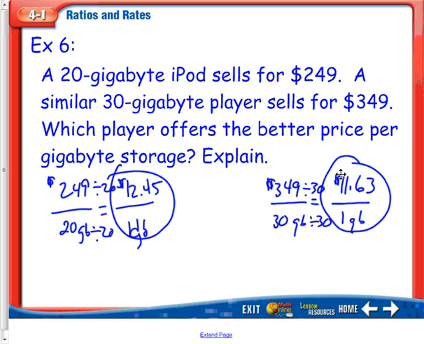So if you have the money and you plan on using all that storage space, you're actually getting a better deal per gigabyte if you buy the 30 gigabyte iPod or MP3 player. So it's just a personal preference whether you want to spend that extra $100, and if you really think you're going to need it. But again, that's not really the question. The question is, what's the better price per gigabyte? So the better price is the 30 gigabytes of storage.